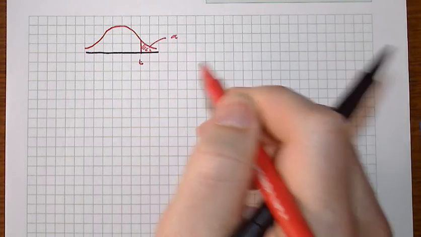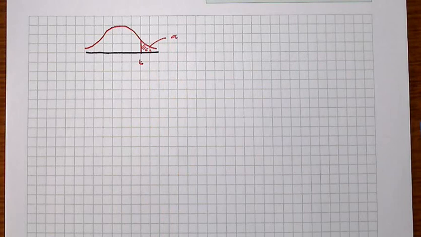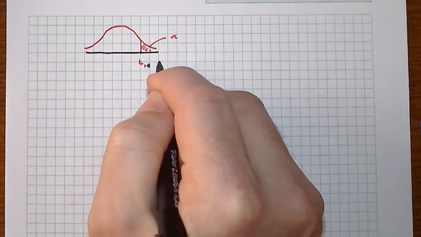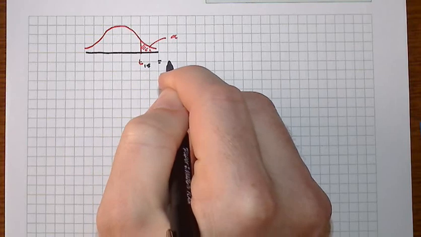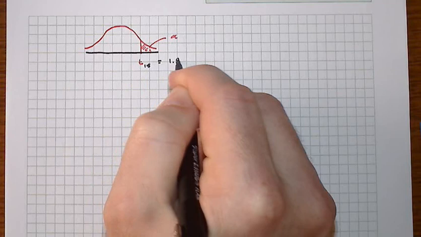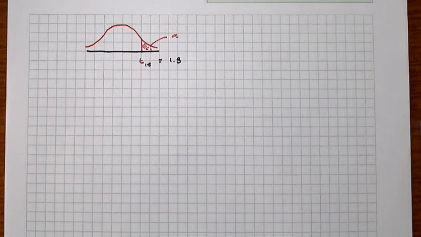For us, we have a t15 value that's equal to minus 1.8, but what we have in the table in the book is for the positive value.